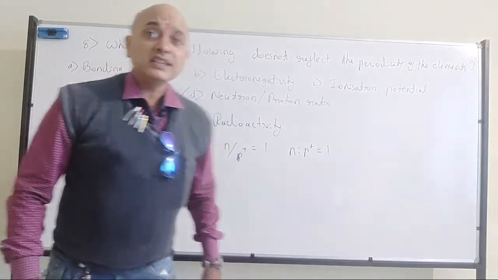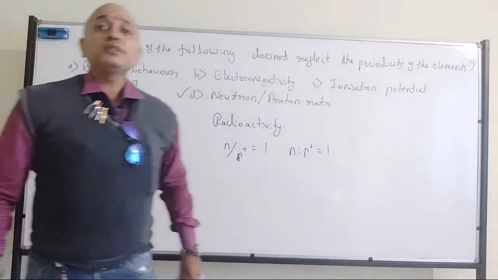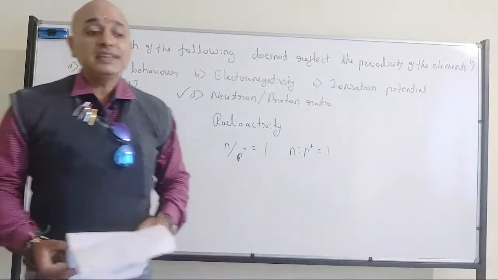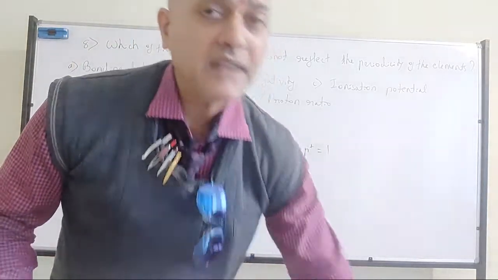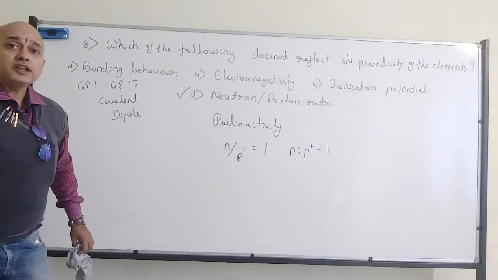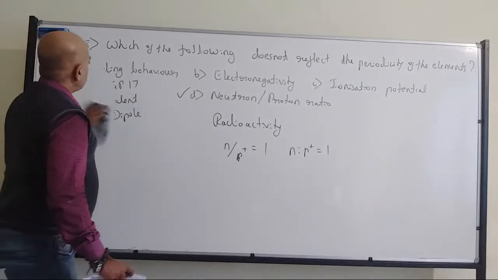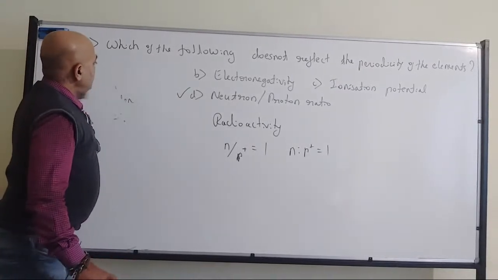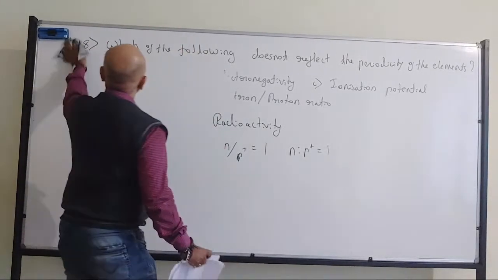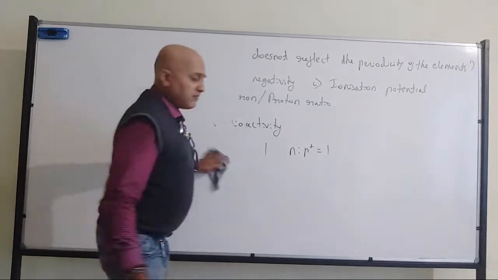When the ratio is not 1, those elements will try to attain unity, and during that process of attaining a neutron-proton ratio of unity they emit radiation. So that's why radioactivity is observed where the NP ratio, the neutron-proton ratio, is far from the unit value. Fine? Have all of you understood?